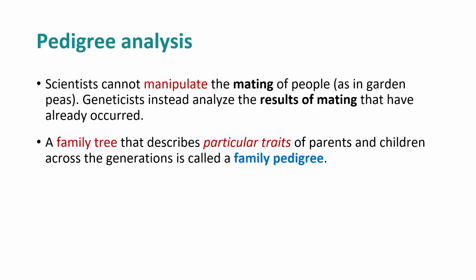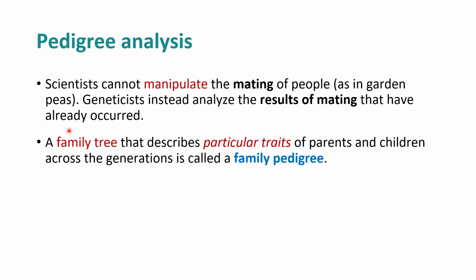And we'll learn more about him later, but the point here is that great geneticists really study genetics by mating specific individuals and observing the genotypes and phenotypes of their offspring to be able to uncover the pattern of inheritance. However, scientists cannot manipulate the mating of people, at least not anymore.